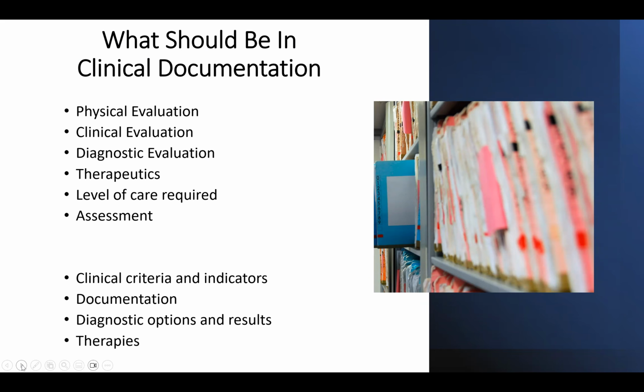That should not be a spin of the wheel or the magic 8-ball for anybody else to arrive at. Clinical criteria and indicators, diagnostic options and results, and therapies, all of these should be in the clinical documentation.